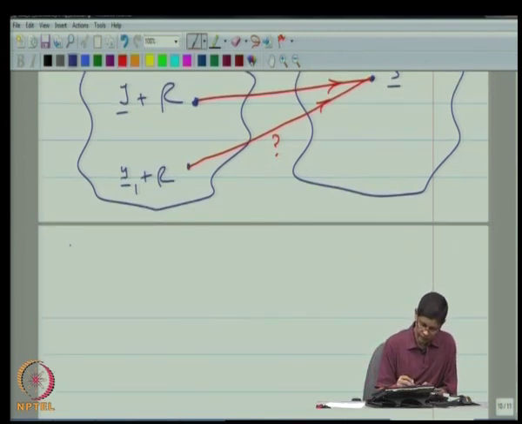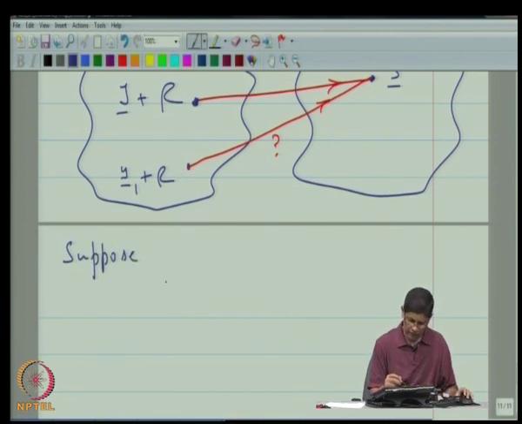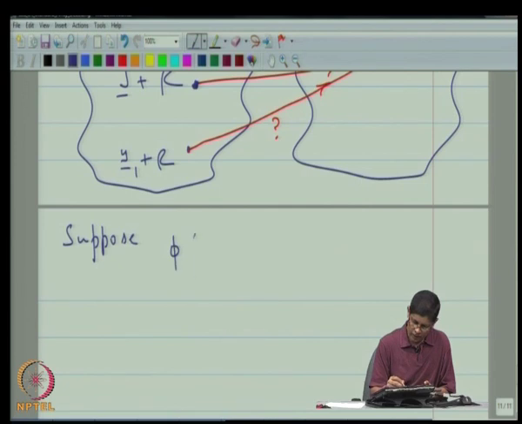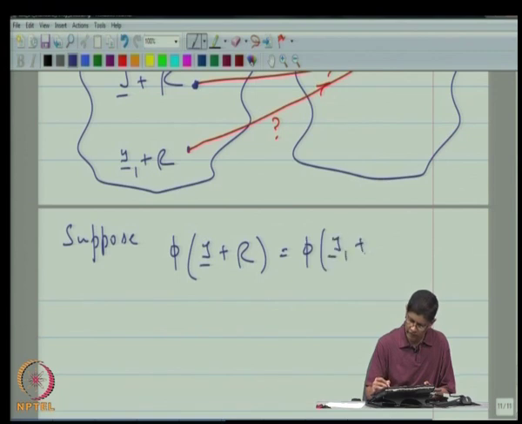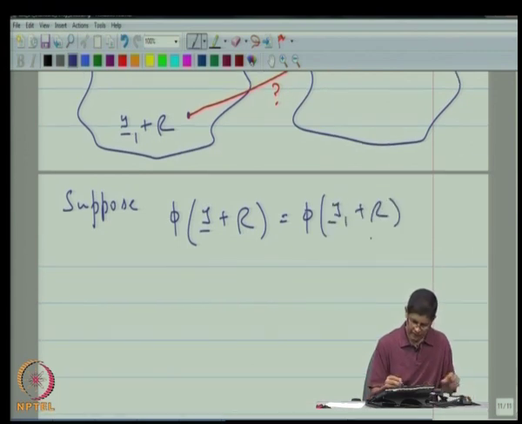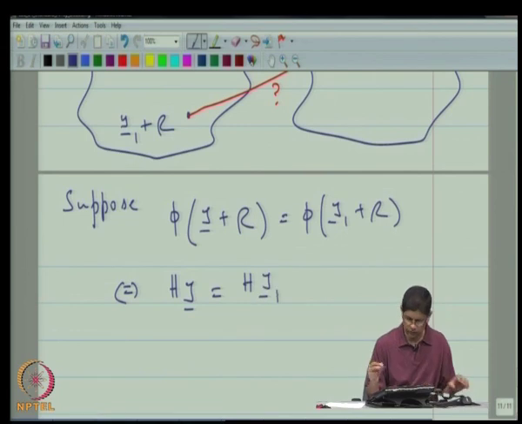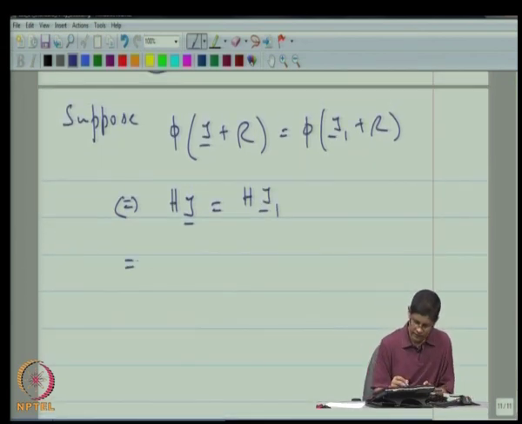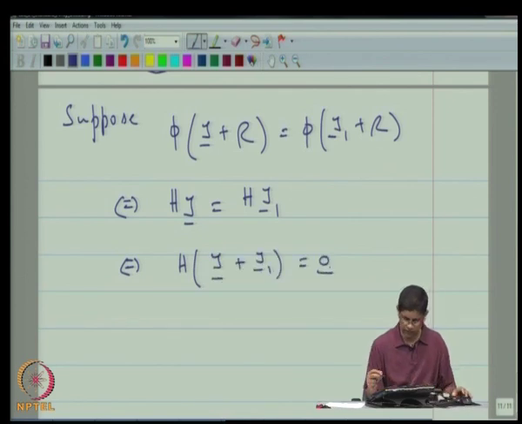Suppose phi of y plus c is equal to phi of y1 plus c. That is equivalent to saying that h times y is equal to h times y1, which is equivalent to saying that h of y plus y1 is 0.